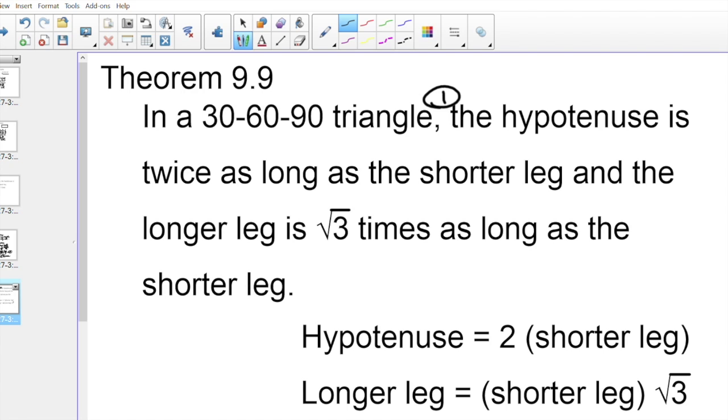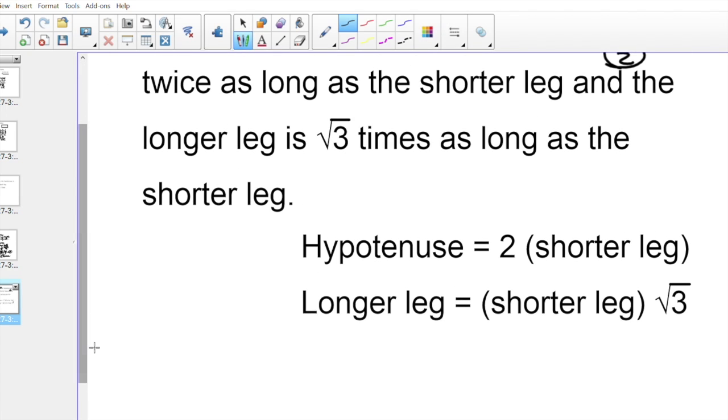And the longer leg is the square root of 3 times as long as the shorter leg. And that's the second. So what that presents is this thought. To find the hypotenuse, you would say 2 times the shorter leg. And to find the longer leg, you would say the shorter leg times the square root of 3. So now we're going to work some problems.